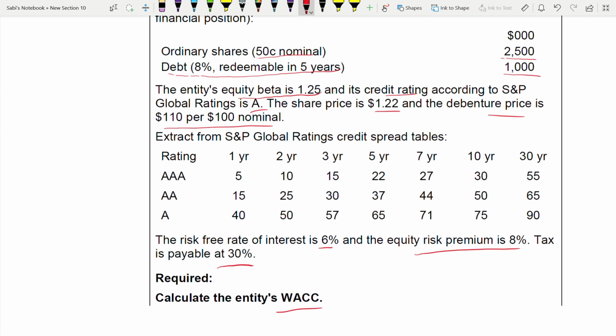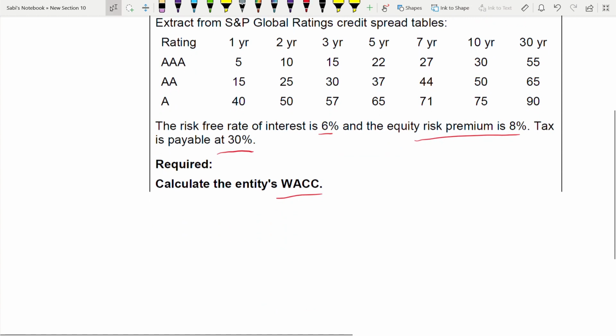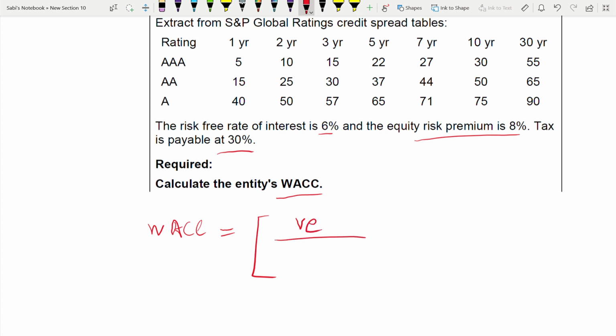Okay, what is the formula for WACC? First, let me write that down for you. WACC is, first we'll start with value of equity over market value of equity plus market value of debt into cost of equity plus market value of debt over market value of equity plus market value of debt.